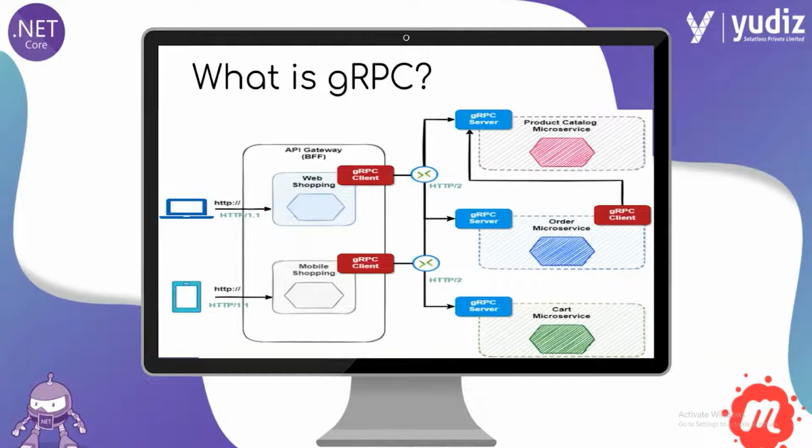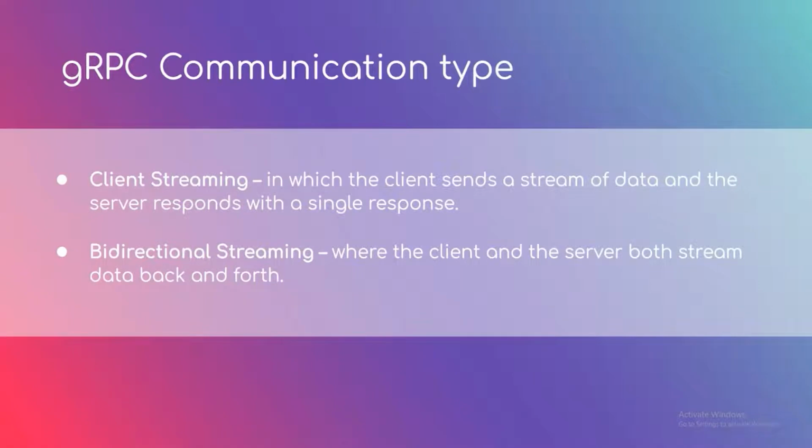Okay, in bidirectional, let me contribute. If you are sending a request, like you are sending your ID as a request and want to get all the details about that particular ID, it's the same as a request in other API communication protocols.